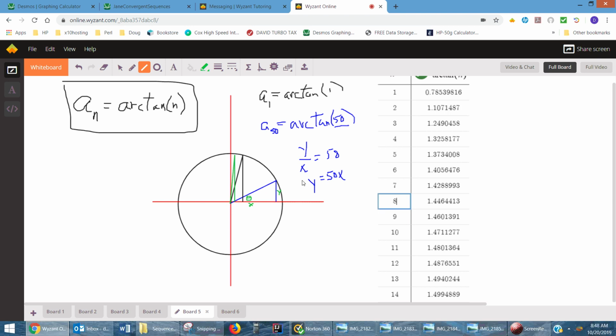So it looks like as n gets bigger and bigger, the angle that has that value as a tangent has to be getting closer and closer to pi over 2. And that's actually what's happening. So that's what we call inductive reasoning. We're looking at some specific examples, and we're drawing the conclusion that perhaps the limit is pi over 2, but this diagram doesn't really prove it.